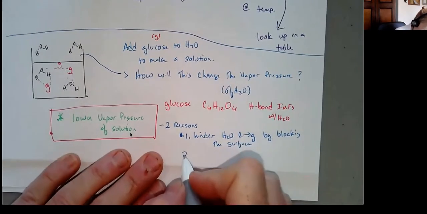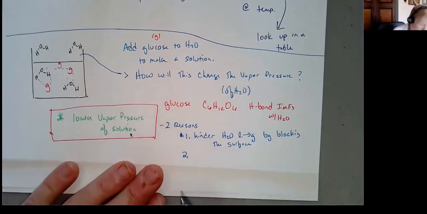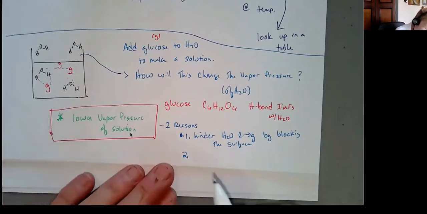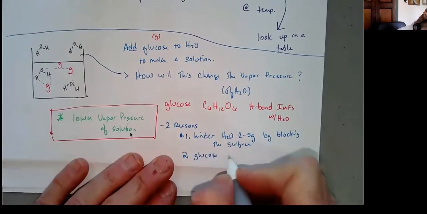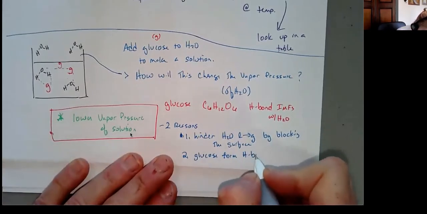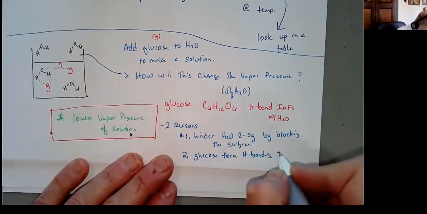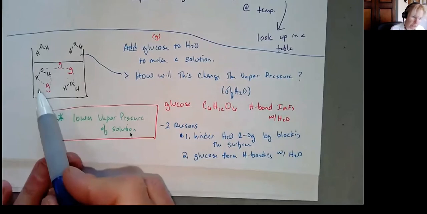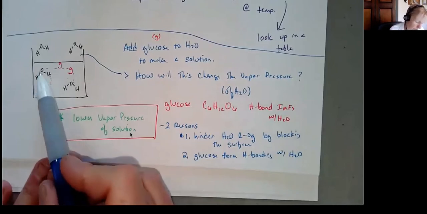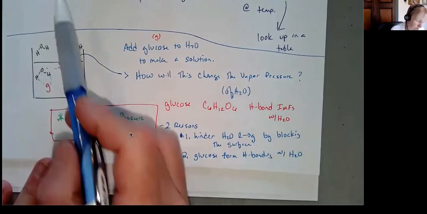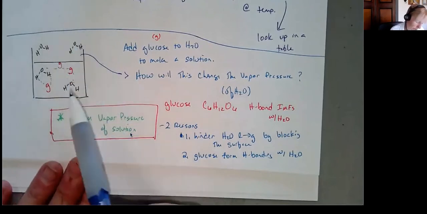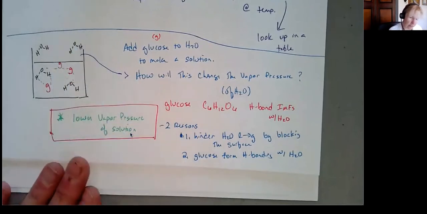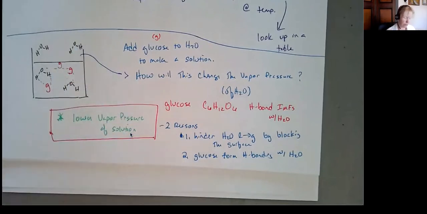The second reason has to do with intermolecular forces. The glucose is going to form hydrogen bonding, an intermolecular force, with water, and that's going to keep that water in solution. It's going to form a stronger intermolecular force than water-water intermolecular forces, and so that's going to hinder the water from moving to the gas phase.